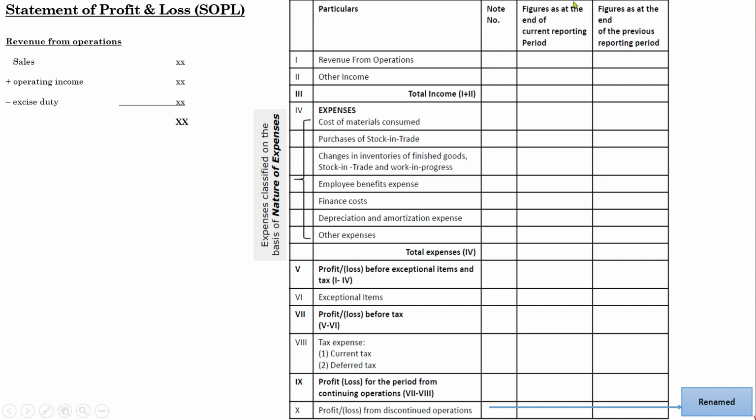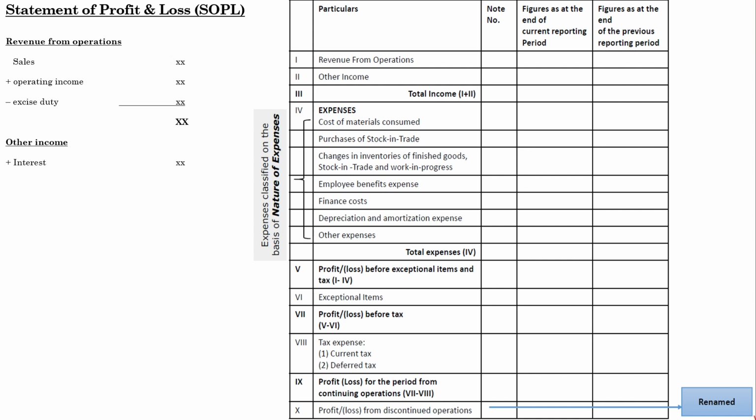So the first part is over, revenue from operations. Next one, other income. Other income includes interest income. Now you may get confused, because interest income is considered as other income in almost all companies except a financing company, because a financing company's main operation is providing loans and accepting deposits.